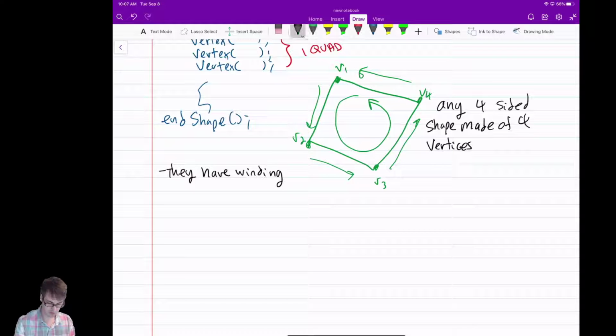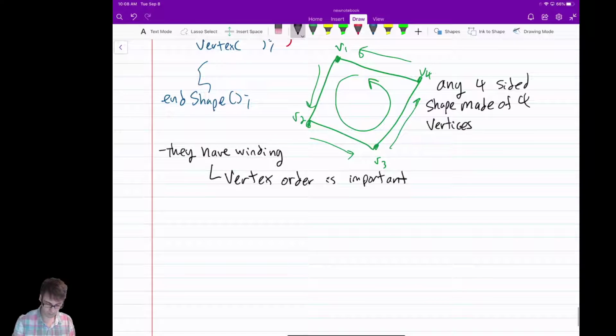So just like with your triangles, vertex order is important. And just like with the triangles, we can use the cross product of adjacent edges to determine the winding.